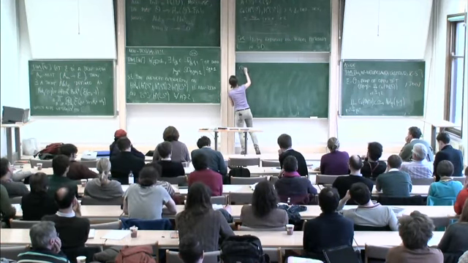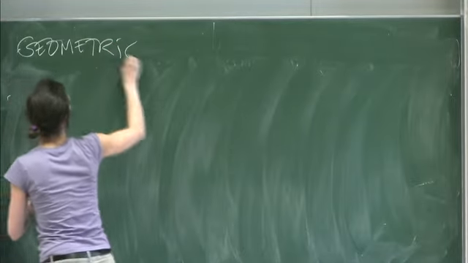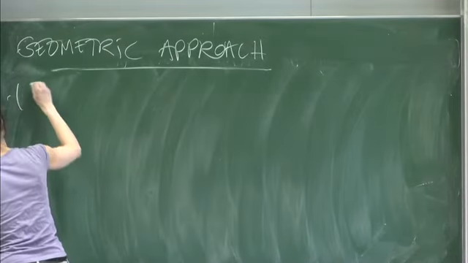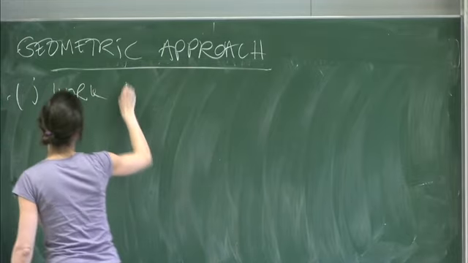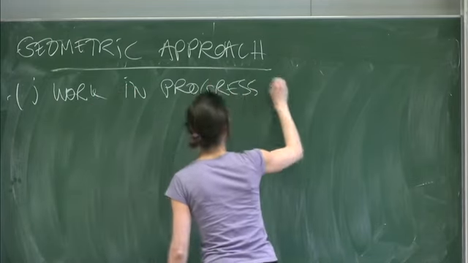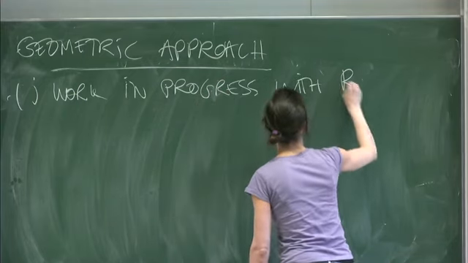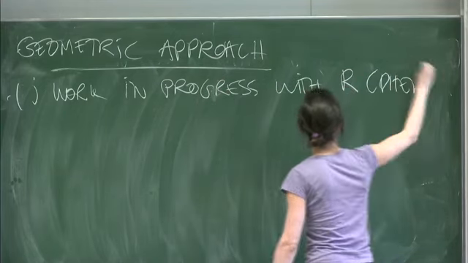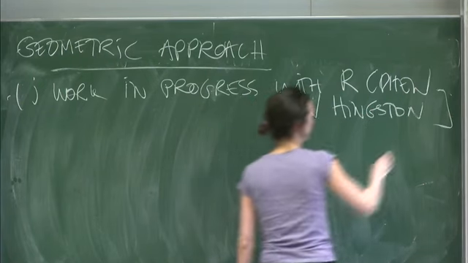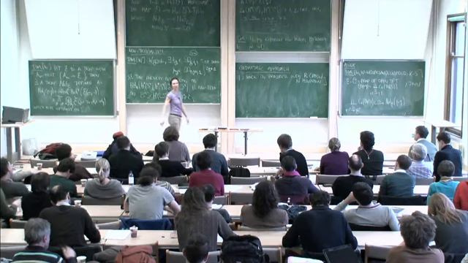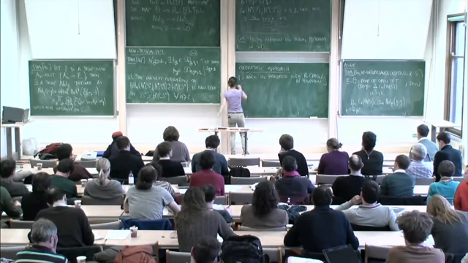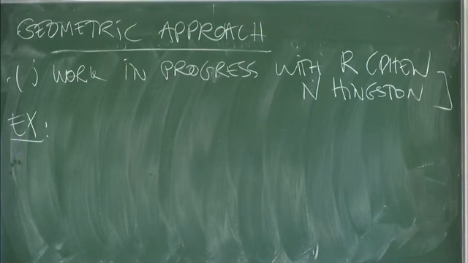So this is the geometric approach, and this is joint work in progress with Ralph Cohen and Nancy Kingston. Because it's in progress, we'll just do an example. The example will be good enough, and at the same time we'll illustrate what these classes are.